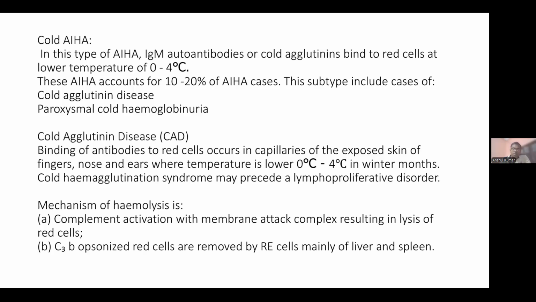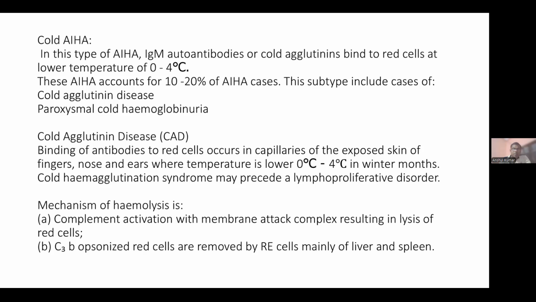Here, the antibody, as we all know, is the IgM antibody. Moreover, there is also complement activation forming a membrane attack complex, and C3b opsonized red blood cells are removed by RE cells, mainly of the liver and spleen. Here, acrocyanosis of hands, feet, nose, and ears is present.